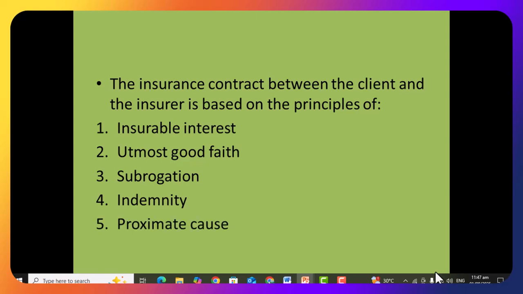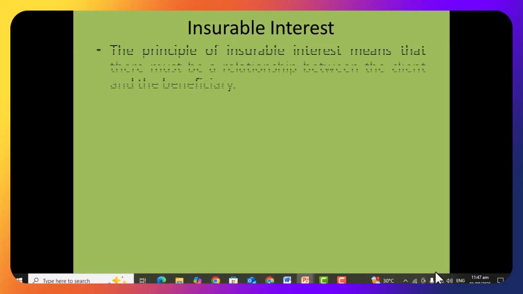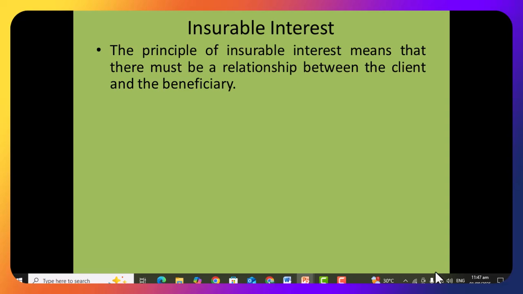Starting from insurable interest, it is basically the relationship between the client and the beneficiary. For example, if somebody is taking life insurance, then he should appoint as beneficiary a person who is financially dependent on him and will be financially under stress if the client dies.